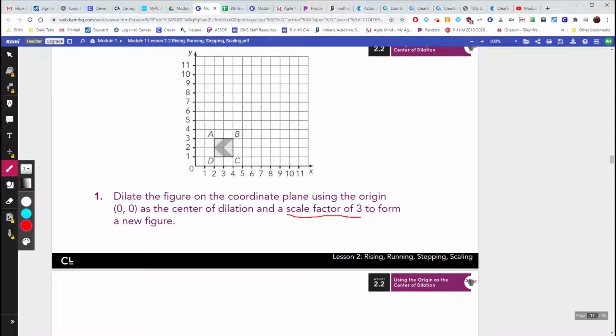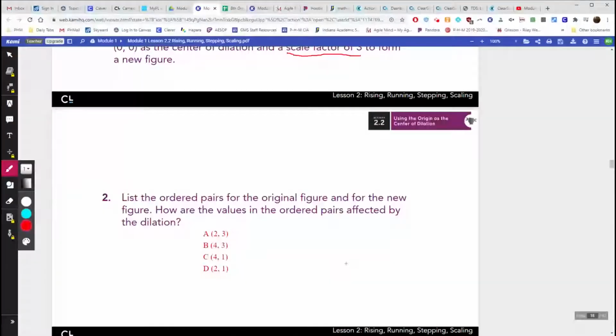Another way to think of a scale factor is like a growth factor. It's bigger than 1, and we've already learned that if a scale factor is bigger than 1, it's going to enlarge the figure. So this is like growing by a factor of 3. When we hear the word factor, we think multiplication. Factors are two numbers that are multiplied to give us a number.